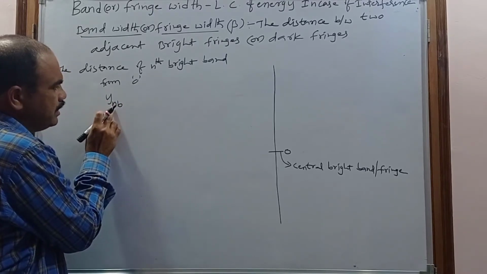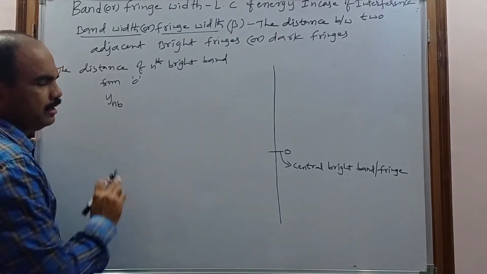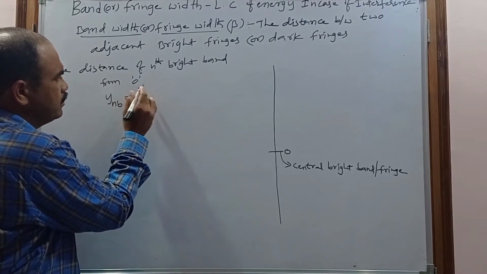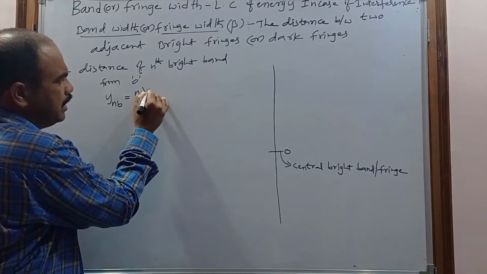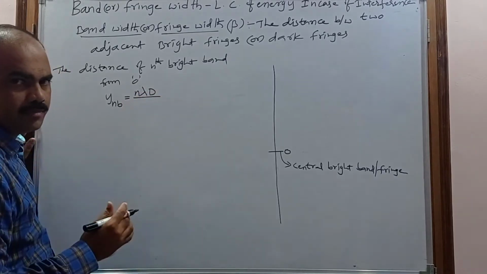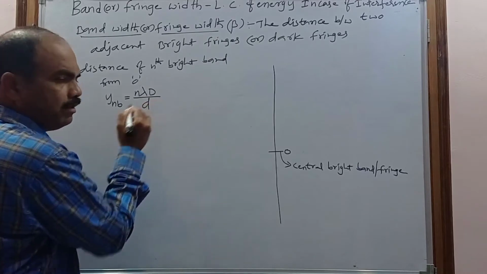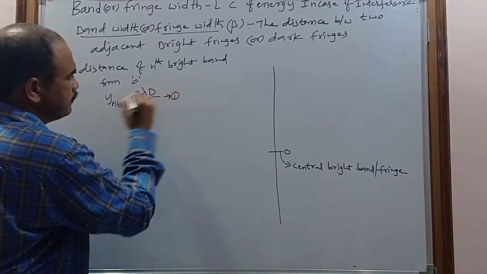Y suffix N represents the distance of the nth band, and B means bright. The distance of the nth bright band is equal to n lambda D by d, that is, n into the wavelength of the light into capital D, divided by small d. Here capital D is the distance between the slits and the screen, and small d is the distance between the two slits. Consider this equation 1.